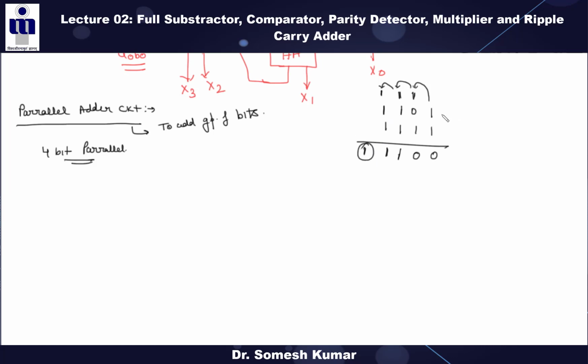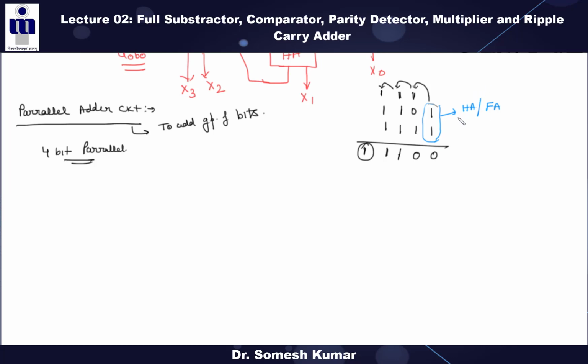Now tell me, for this first bit position, is a half adder used or a full adder used? One half adder, and you can also use a full adder, if you take the third bit as 0, right?